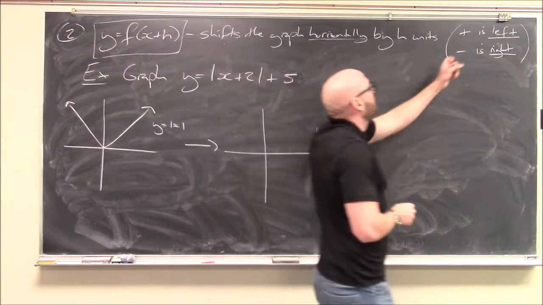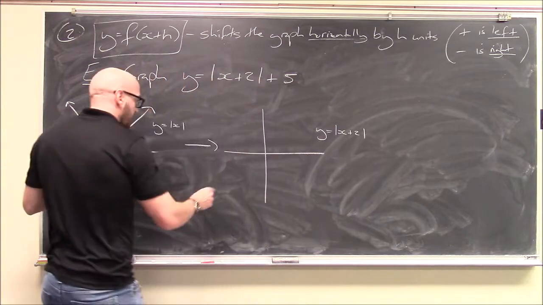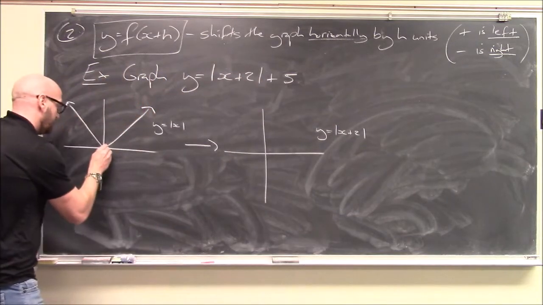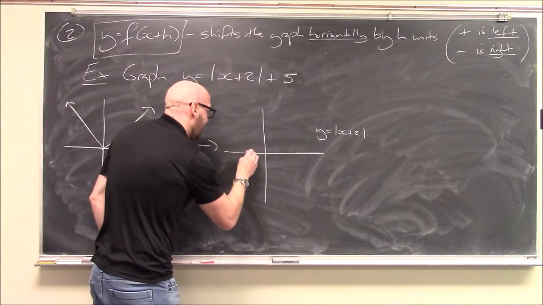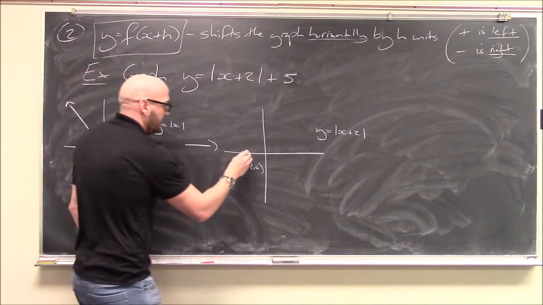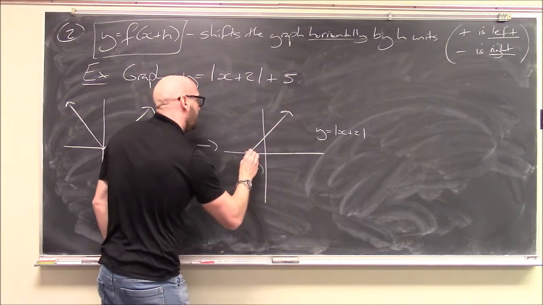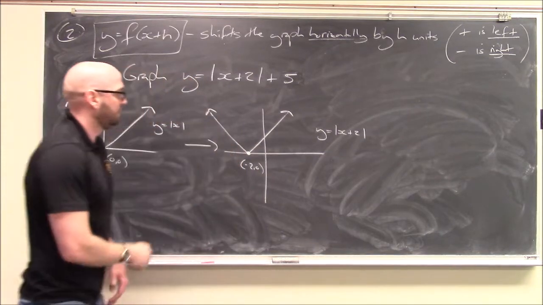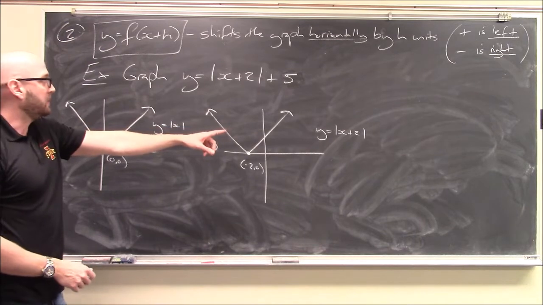We're adding 2 units, so that's a shift to the left 2 units. So the origin here at 0, 0 shifts to minus 2 and 0. Okay, so this becomes the same shape, but moved over to the left 2 units. So there's the graph of absolute value of x plus 2.